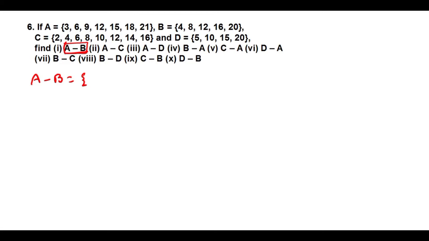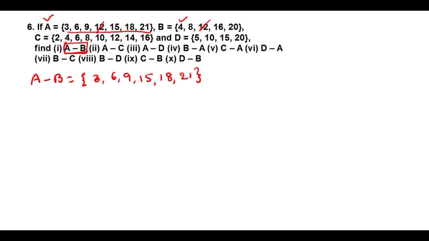What is common in set A and set B? 4, not common in both. 8 also not there. 12 is common, right? 12 gets cancelled. 16 not there. So the remaining elements from this set are 3, 6, 9, 15, 18, 21.